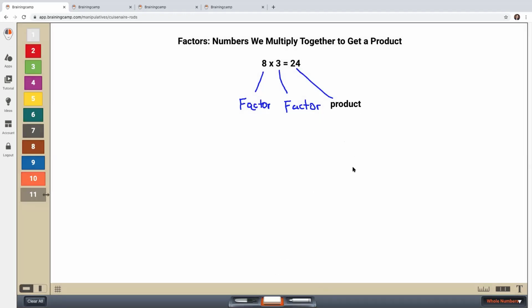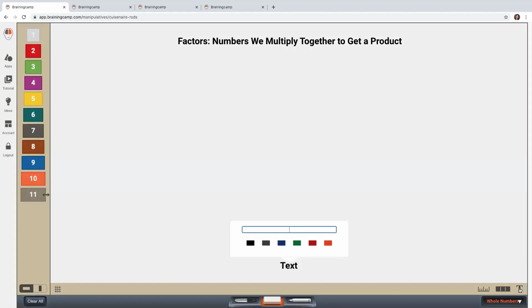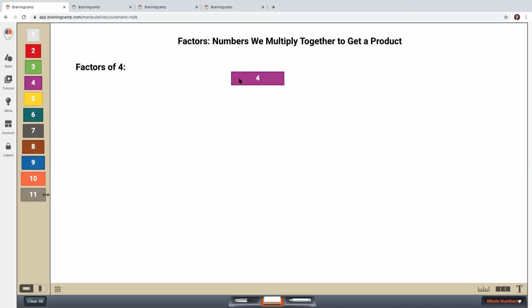Okay, and we're going to start off with finding the factors of the number 4. So I'm going to erase my work that I have over here, and start off with finding the factors of 4. I'm going to grab this number tile that is 4, and I want to find all of the numbers that I can multiply together to give me a product of 4. So I'm going to start off with my ones tile, see how many of these ones are the same length as the 4.